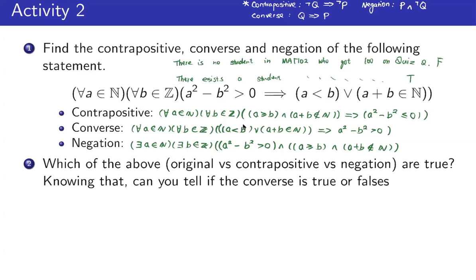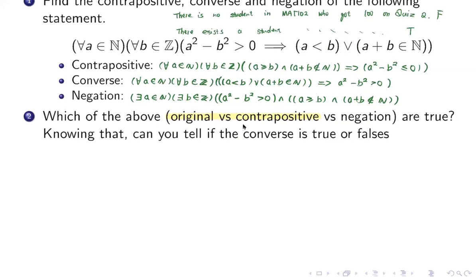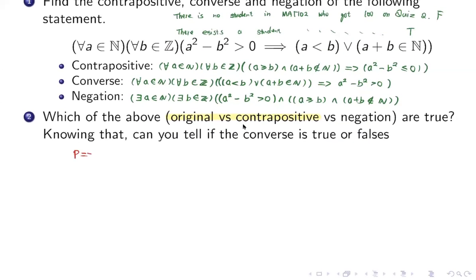Anyone know which ones are true? Okay, the original statement and contrapositive are true. Since we mentioned this, I'll do a short review, okay? If we have P implies Q, you should know this is logically equivalent to its contrapositive.